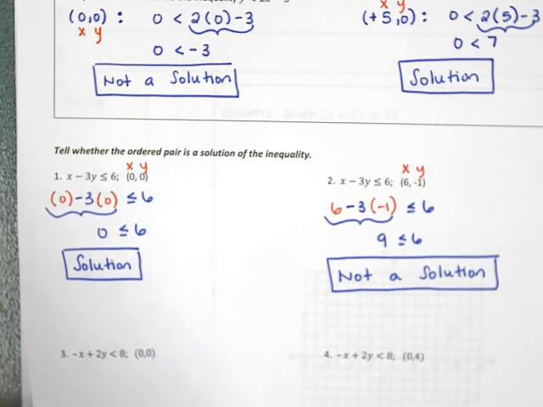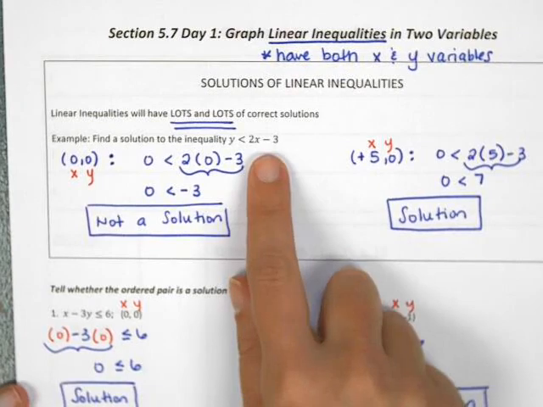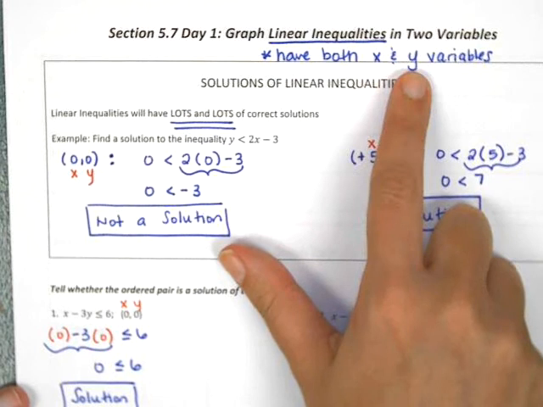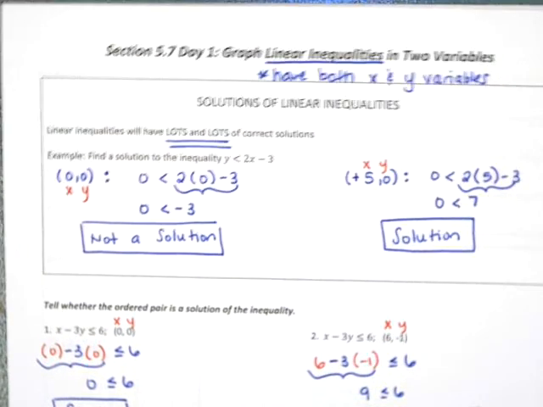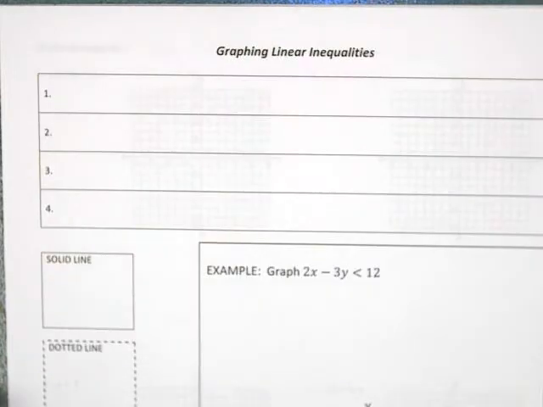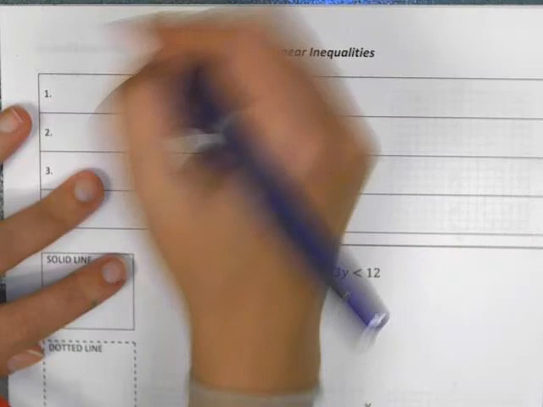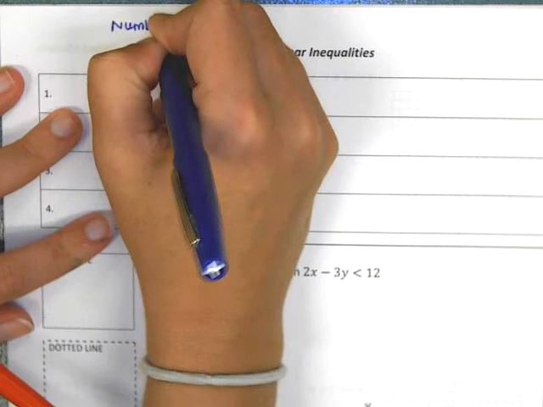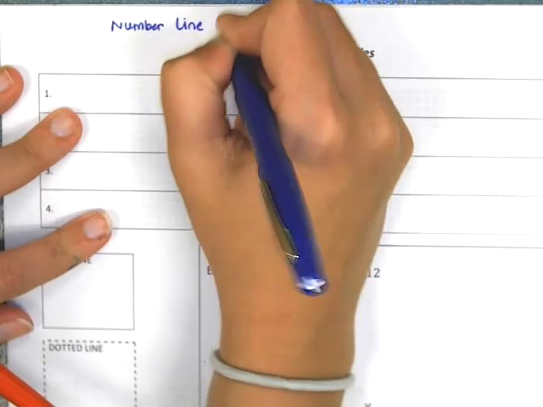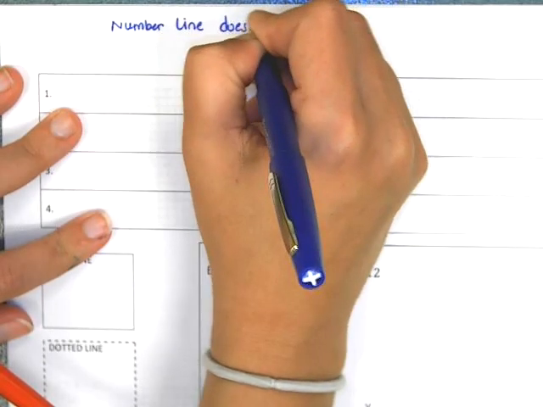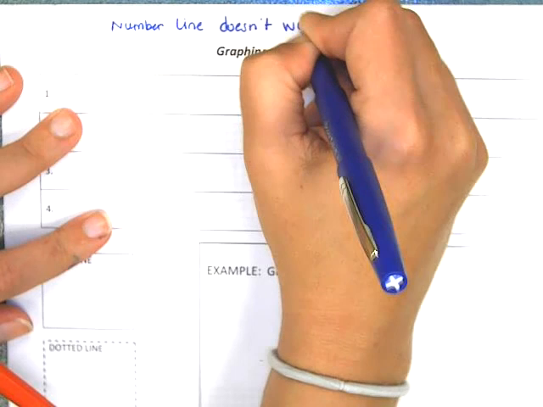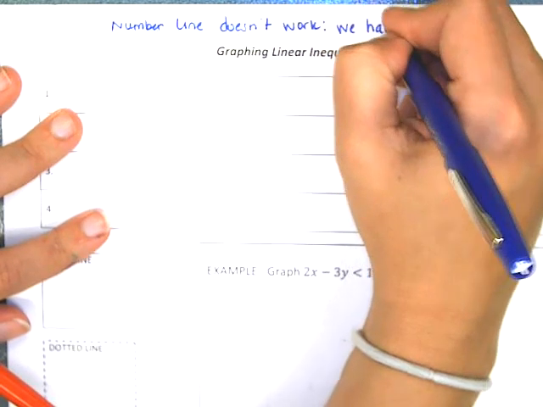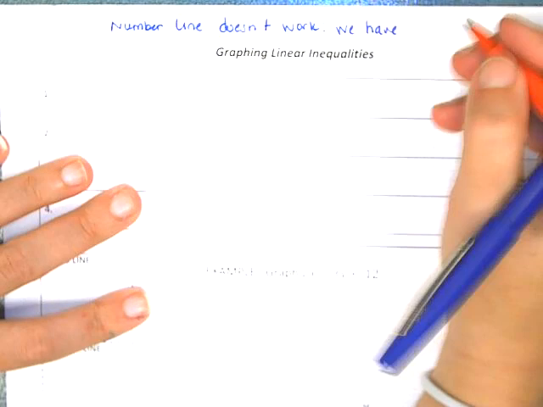How do we represent all of the answers for a problem with 2 variables in it on a graph? Now, a number line doesn't work anymore, because we have 2 variables now.